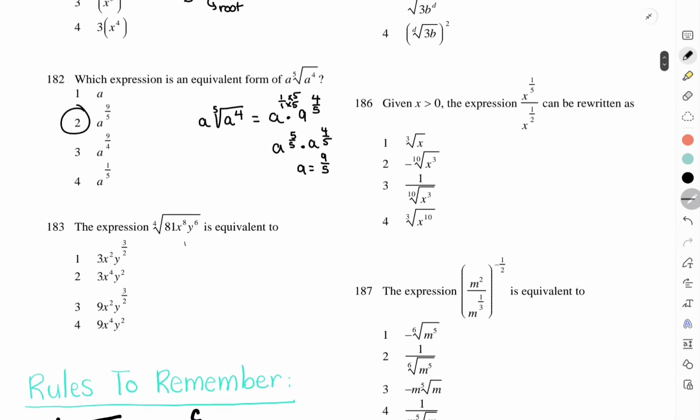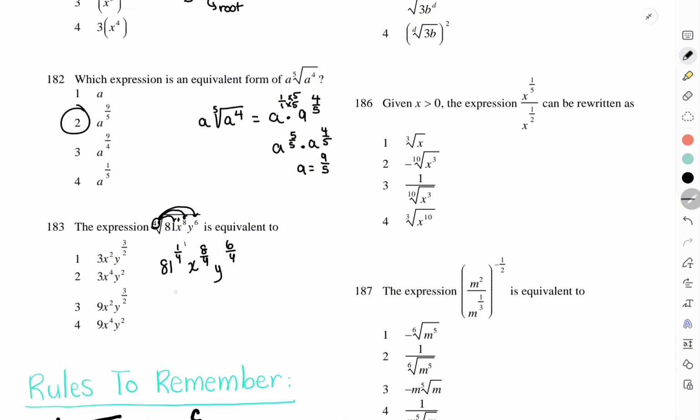Number 183 says, the expression, the 4th root of 81 x to the 8th y to the 6th is equivalent to. So you apply the 4th root to everything. So 81 to the 1/4, x to the 8 over 4, y to the 6 over 4. See how I applied the 4th root to each one, even the 81, because the 81 has an imaginary exponent of 1.